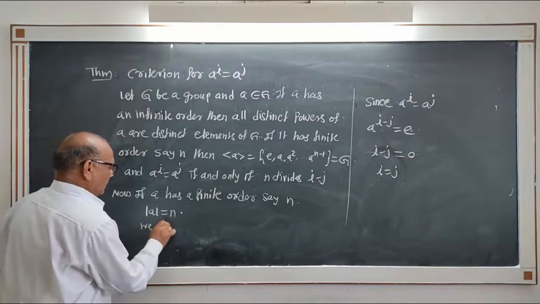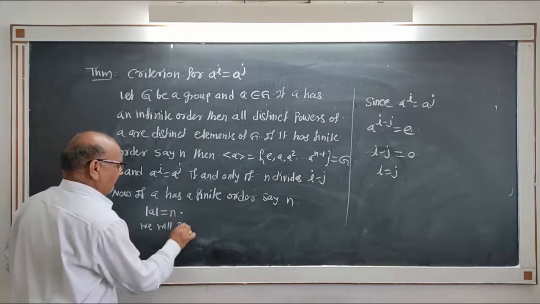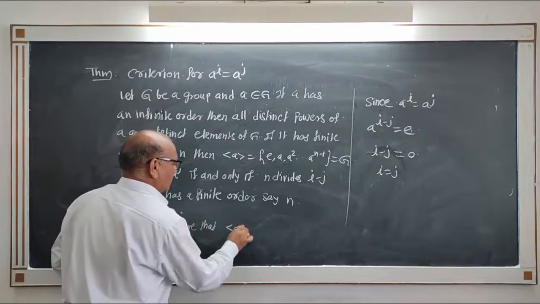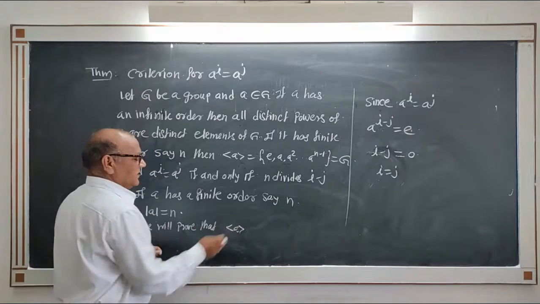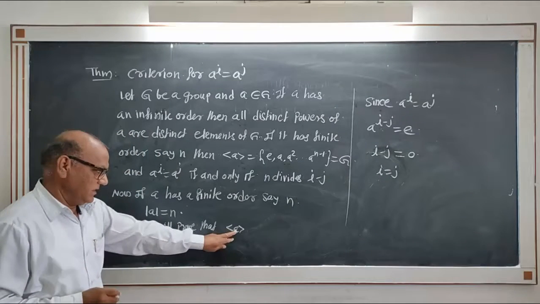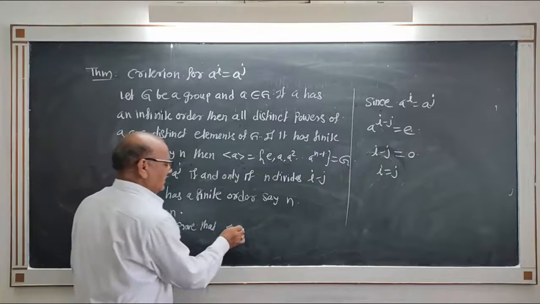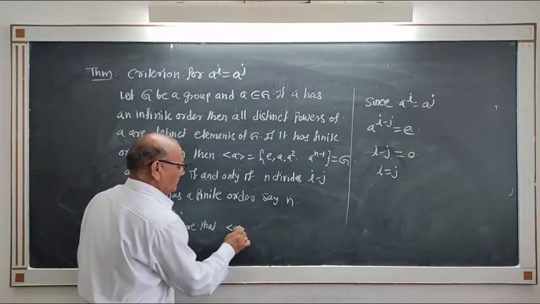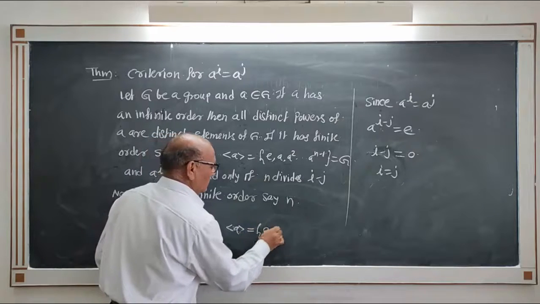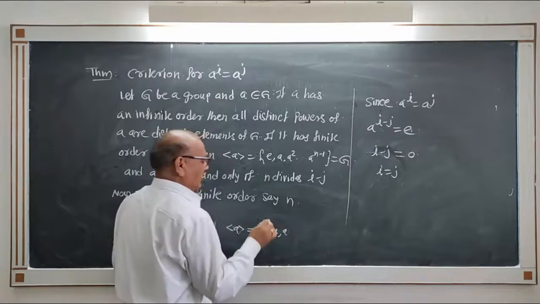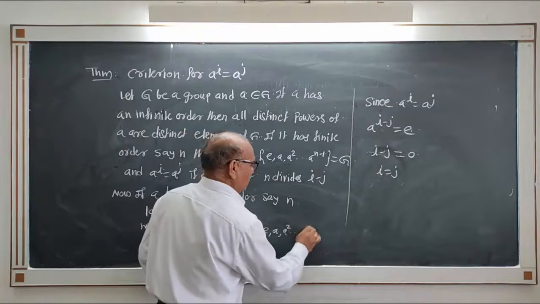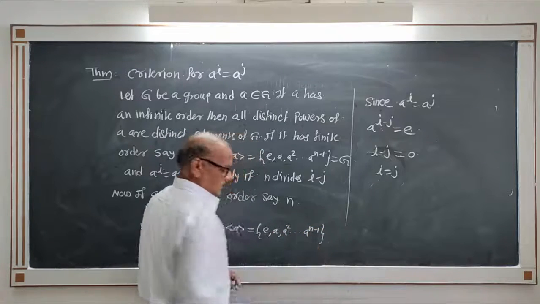We will prove this: the group generated by a is equal to e, a, a square and so on, up to a raised to n minus 1.